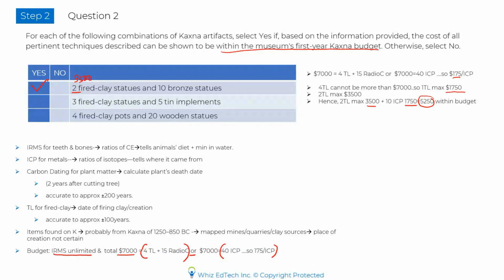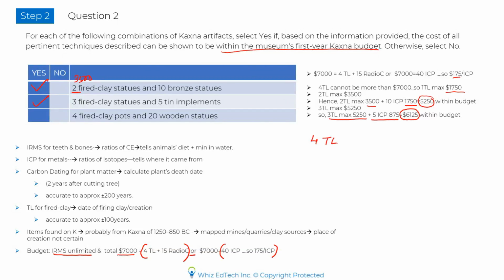3 fired clay statues. So again, we are looking at 3 TL tests will be maximum 5,250, and 5 ICP will be maximum 875. So 3 TL max 5,250, 5 ICP 875. That means this is again within budget. So for this too, yes, it is within budget. 4 fired clay pots. Now the problem is 4 TL.